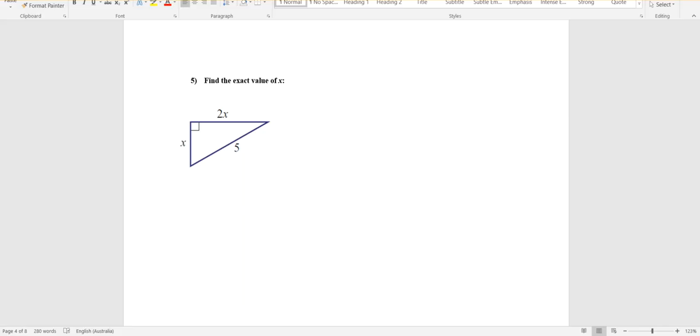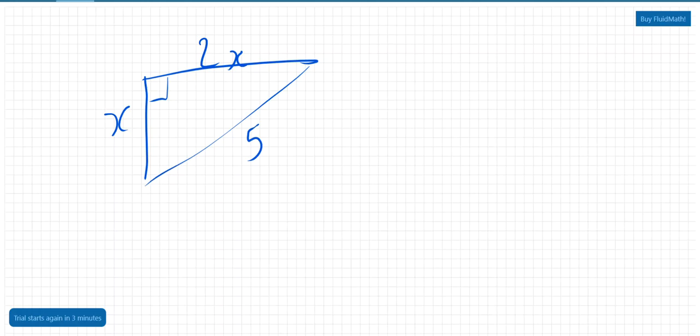Our next question asks us to find the exact value of x. We did one of these in class, and we had to revise some of our algebra skills. So we have to apply our algebra skills in this. So let's do this one together. Okay, so if you ever see a question like this, just do Pythagoras as you normally would.